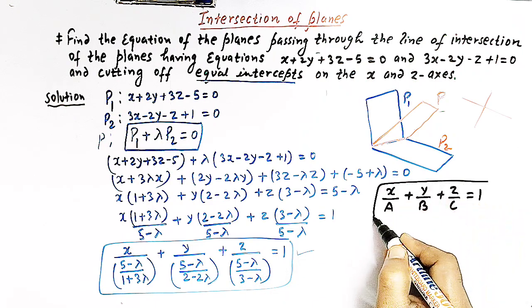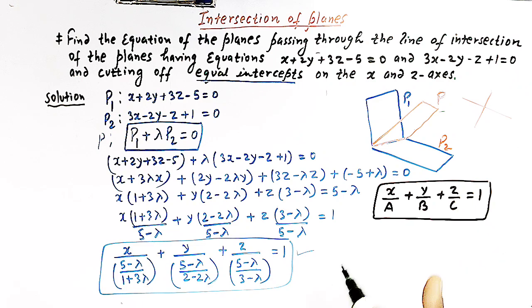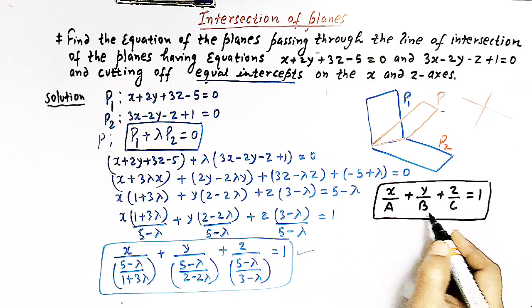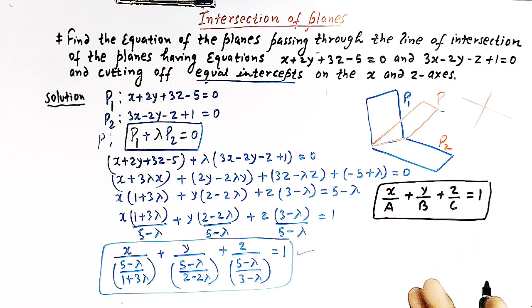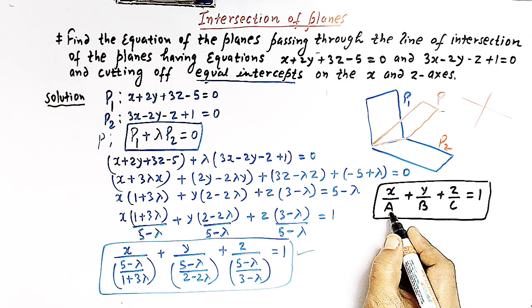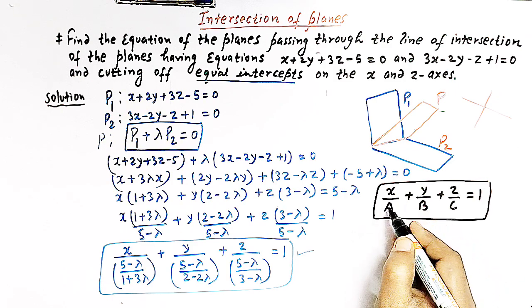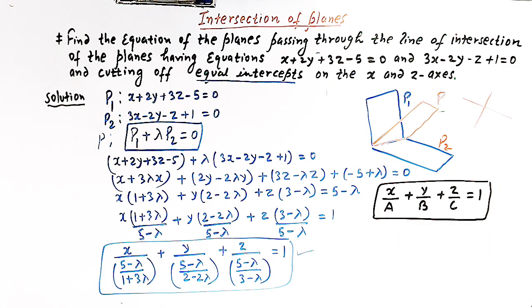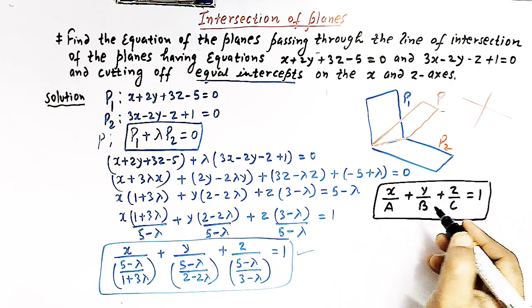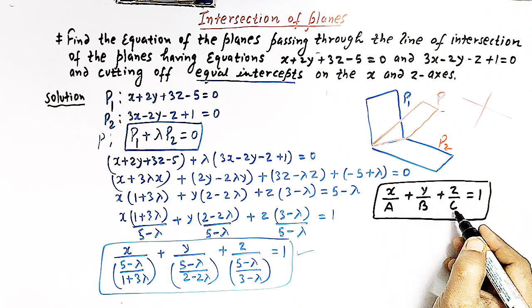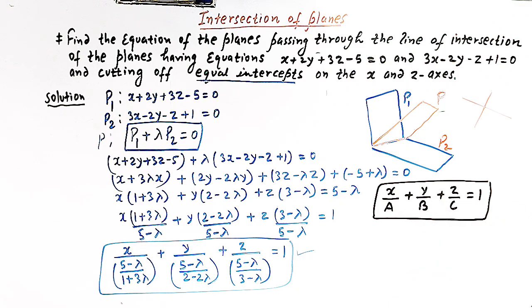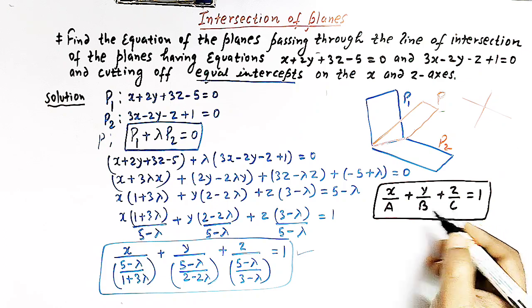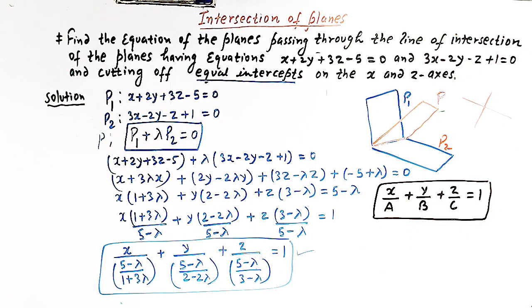This equation represents the equation of a plane which cuts the intercepts a, b and c on the x, y and z axis. So a is the length of the intercept cut by the plane on the x-axis, b is the length of the intercept cut by the plane on the y-axis, and c is the length of the intercept cut by this plane on the z-axis.